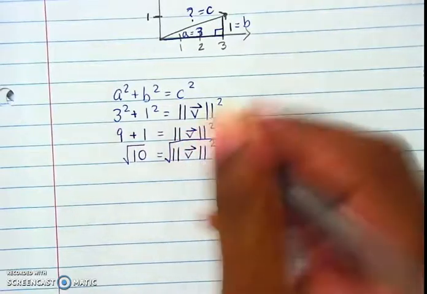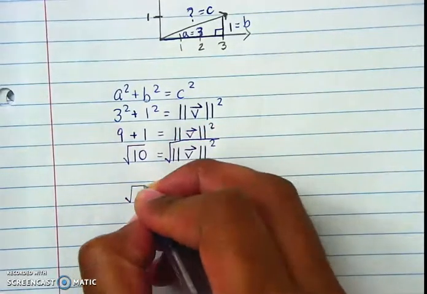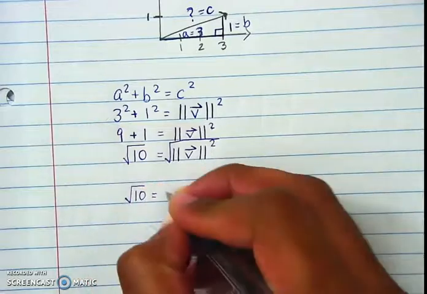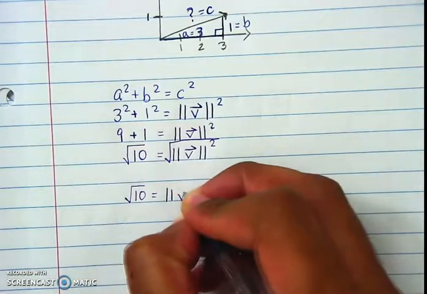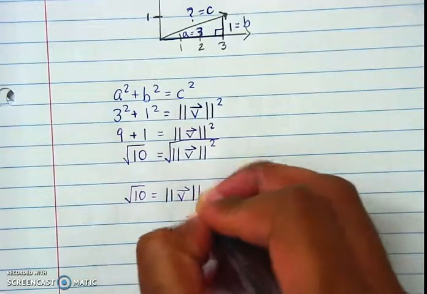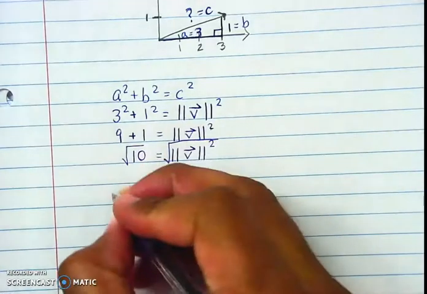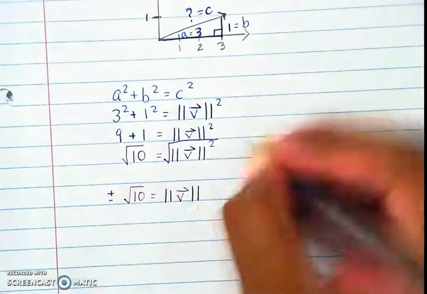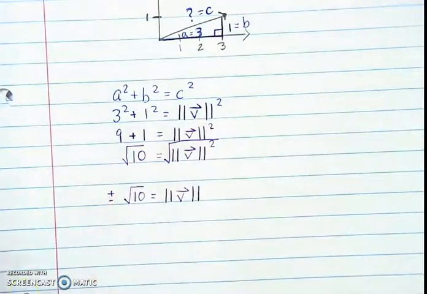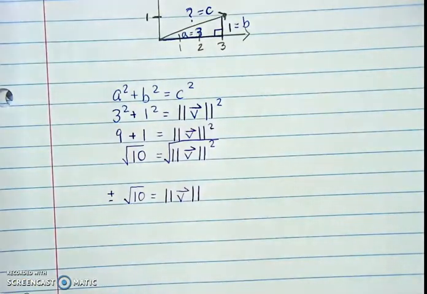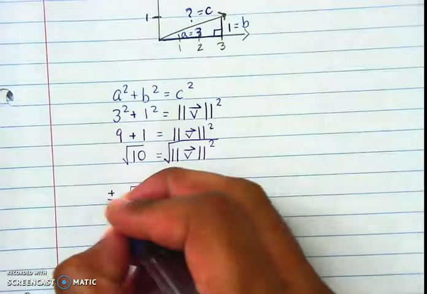Bam, bam, square root. So we have the square root of 10 on this side, and we have the vector. But what am I missing? The plus or minus, right? Because if we take the square root of a squared equation, that means we have two answers there.